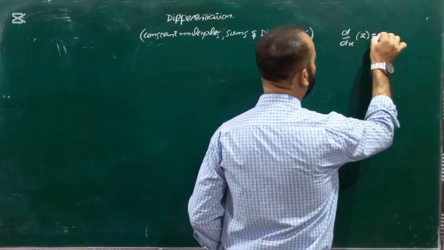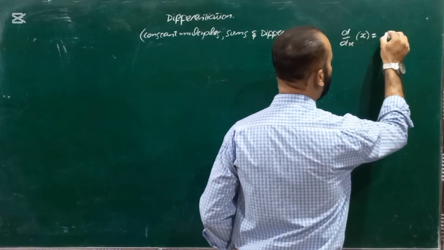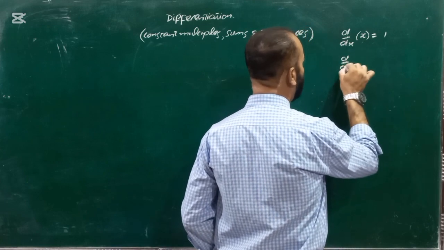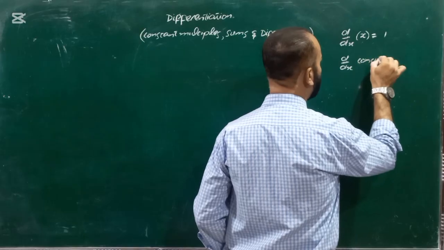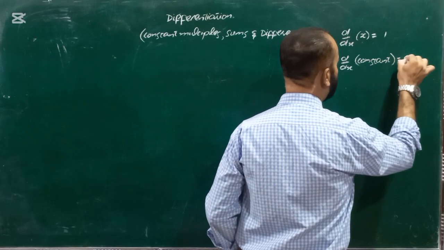So if we differentiate with respect to x, the differential of any variable x will be 1. The differential of any constant number will be 0.